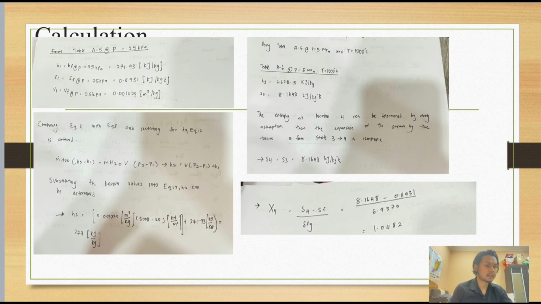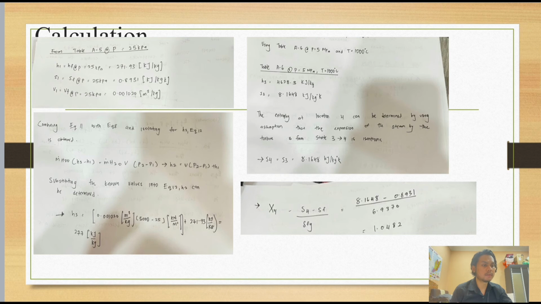So the next is we must find the properties at 5 megapascal and T of 1000. Why do we use A6, not A5? Because the temperature and pressure at location 3 are known, so the properties can be determined from the steam tables.